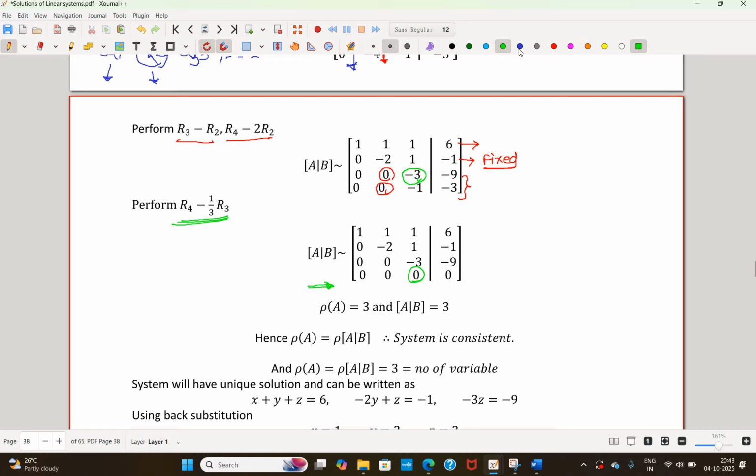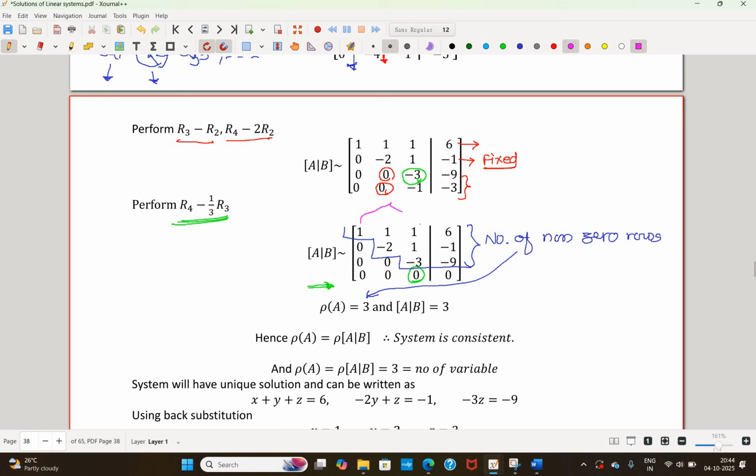Now what you have to observe is a step-like structure like this. Correct? Now what you are going to count is the number of non-zero rows, and that gives you the rank. So now let me highlight one more point.